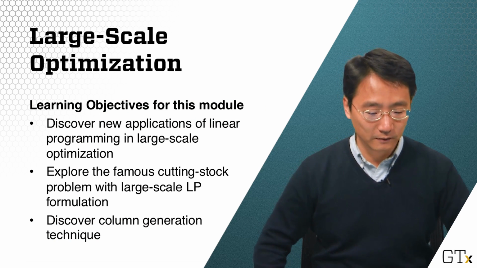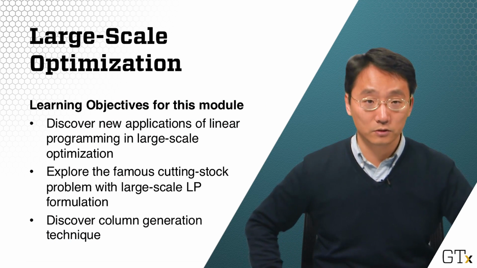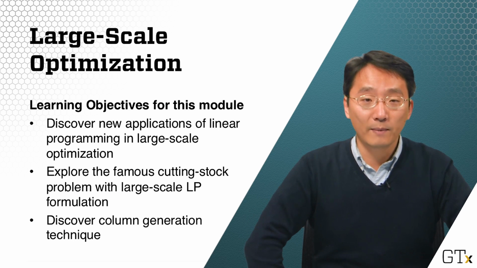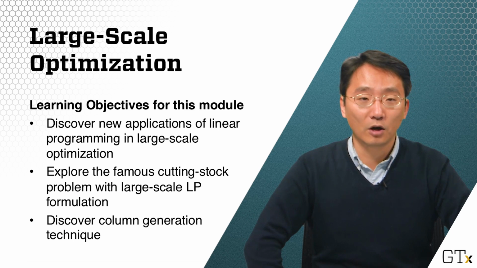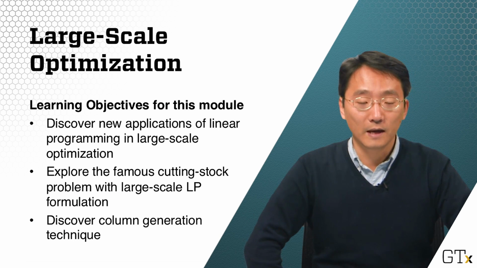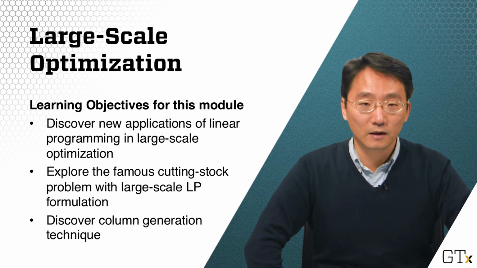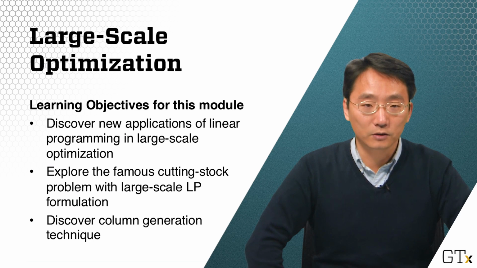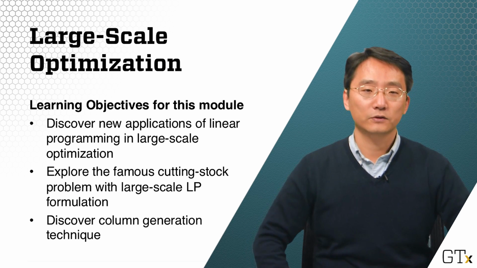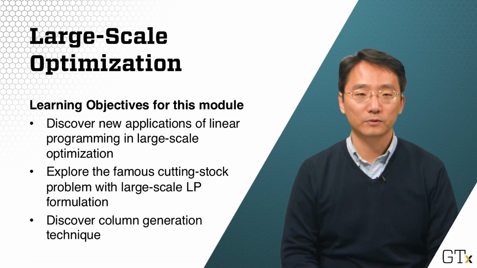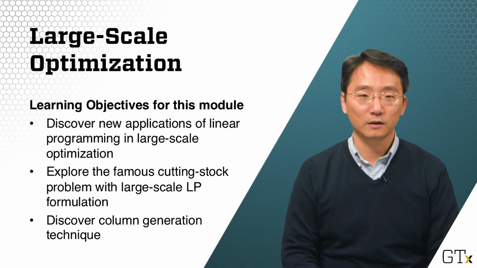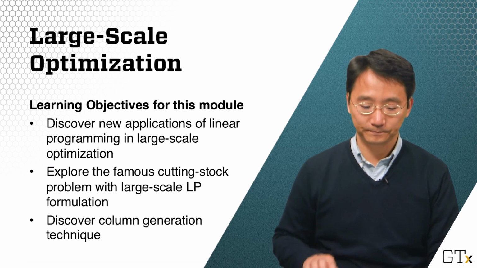The learning objectives of this module are to discover new applications of linear programming in large-scale optimization, explore the very famous cutting stock problem with large-scale LP formulations, and also discover algorithmic ways to solve such large-scale optimization problems, called the column generation technique.